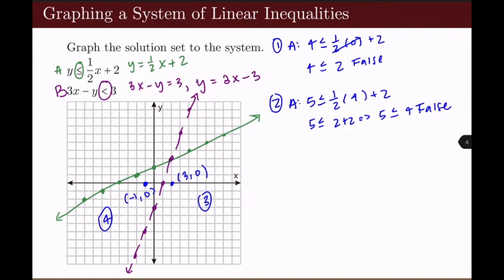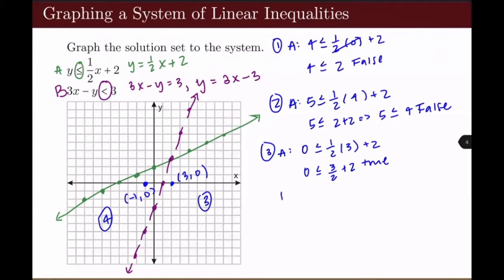Okay, next we'll check number 3. So equation A, we have 0 is less than or equal to 1/2 times 3 plus 2, which means that 0 is less than or equal to 3/2 plus 2. This is going to be true, right?